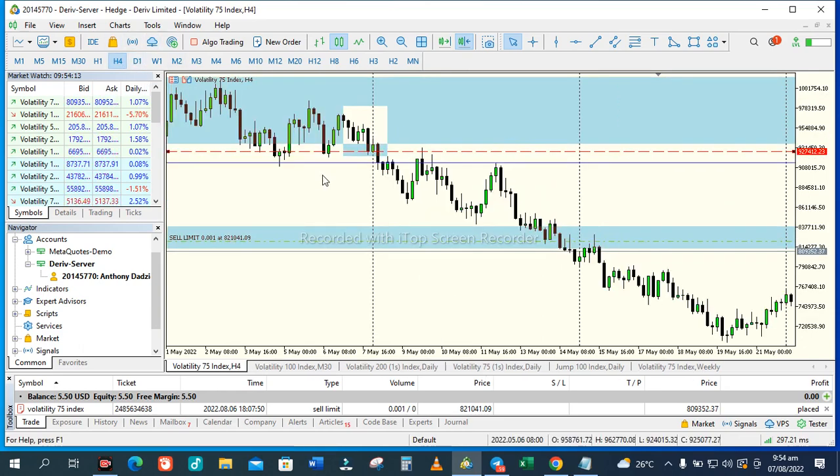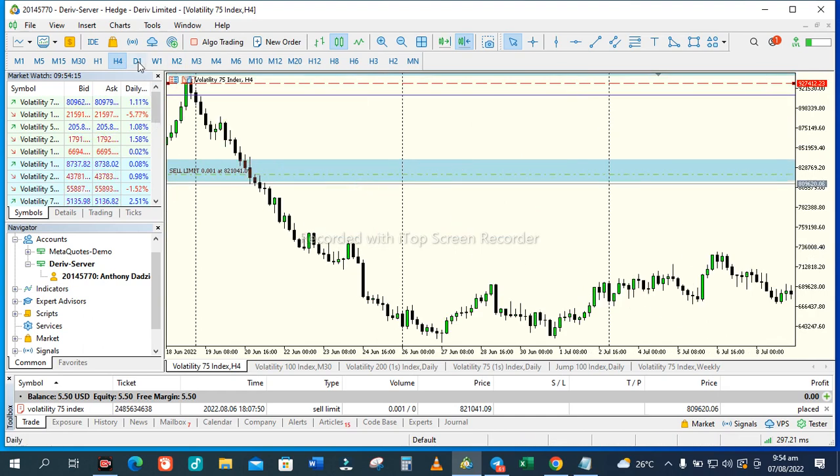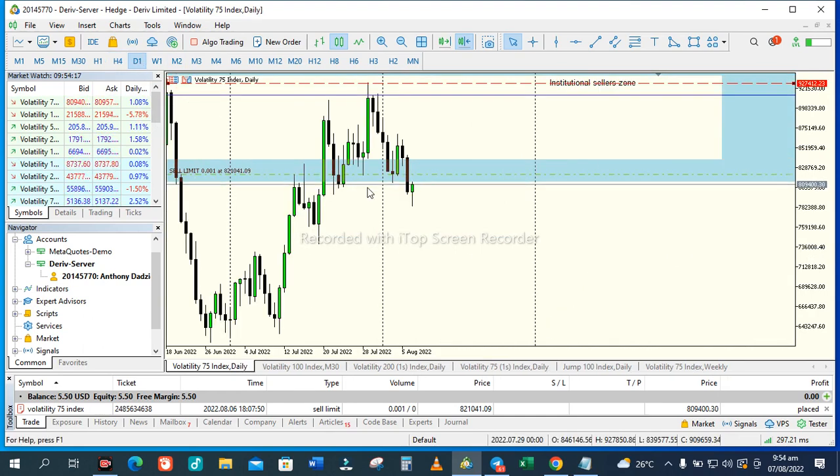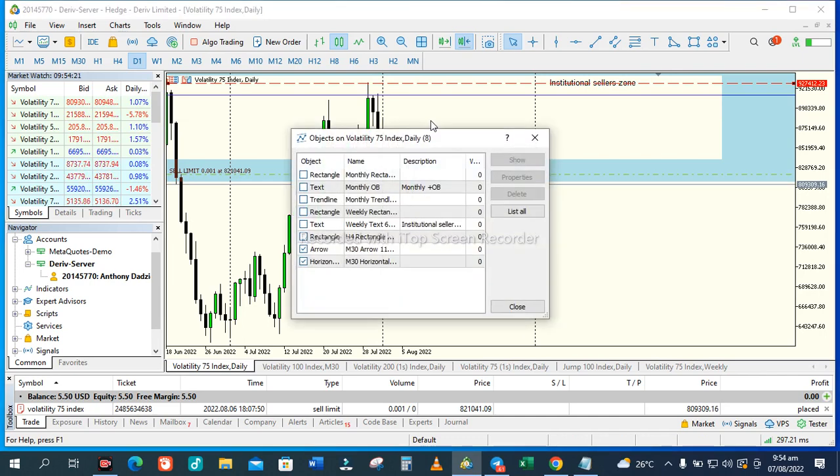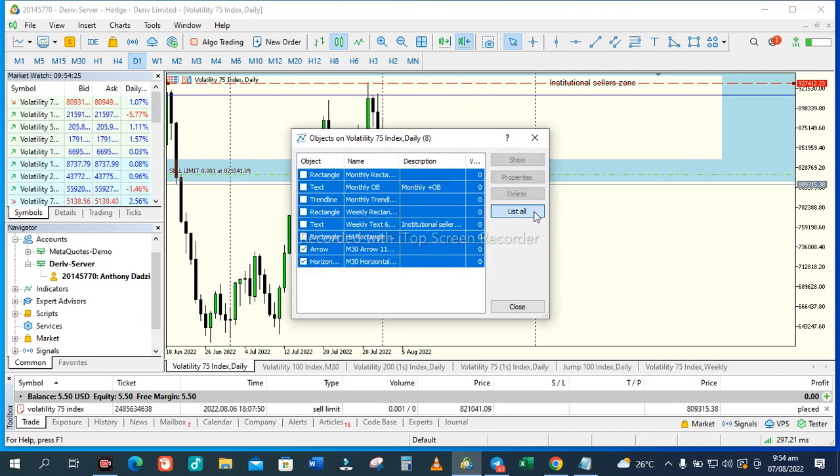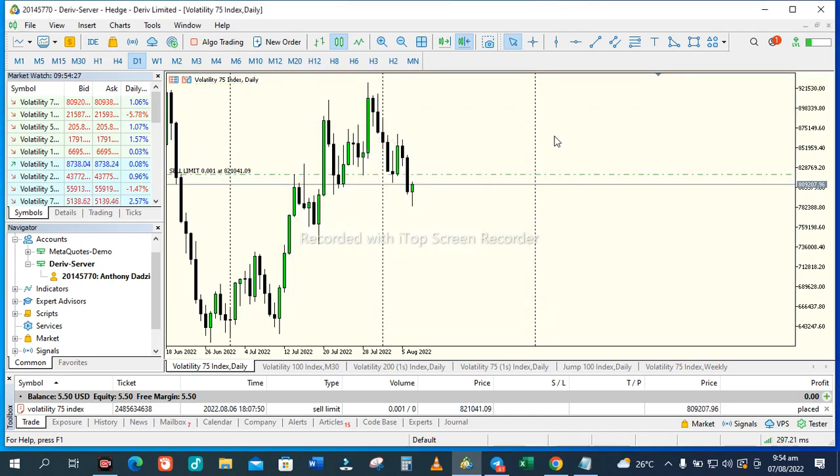So when you come down to the daily time frame, let me take off everything that's on my chart so that I can see clearly what I'm trying to achieve here. I told you that there was a movement, price broke, there was a break in structure, there was a break in this structure.